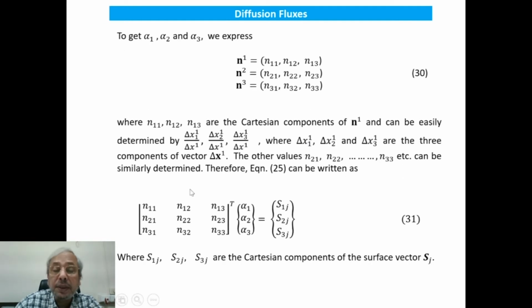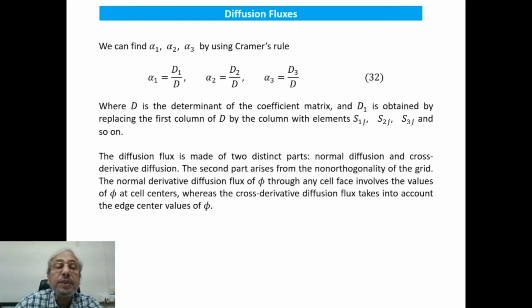If we look at equation 31, the coefficient matrix determinant is D, and D1 is obtained by replacing the first column of D by the column with the elements S1j, S2j and S3j.